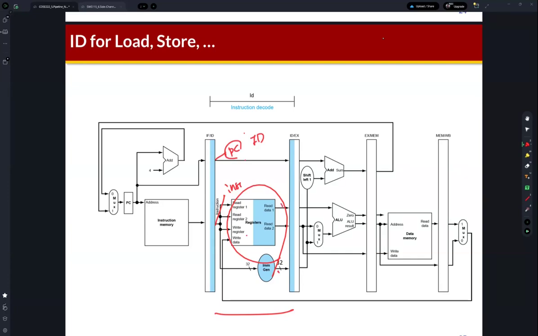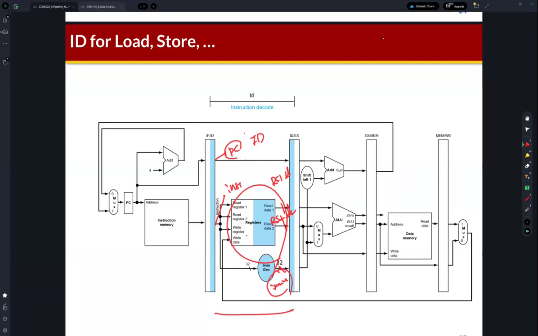The outputs of the register file are RS1 data, RS2 data, and the immediate value. We already know that these operands will be used by the ALU in the EX stage.